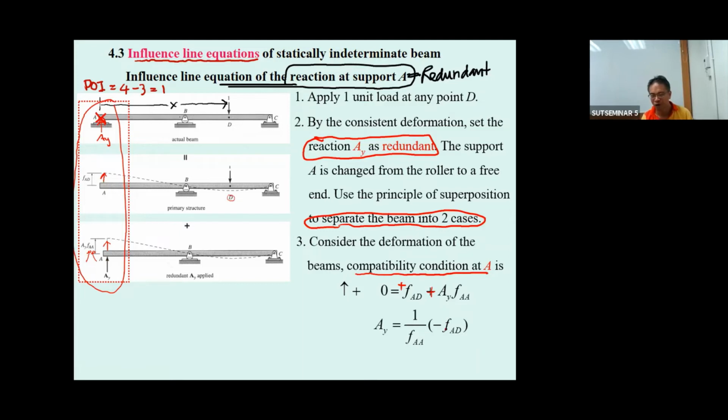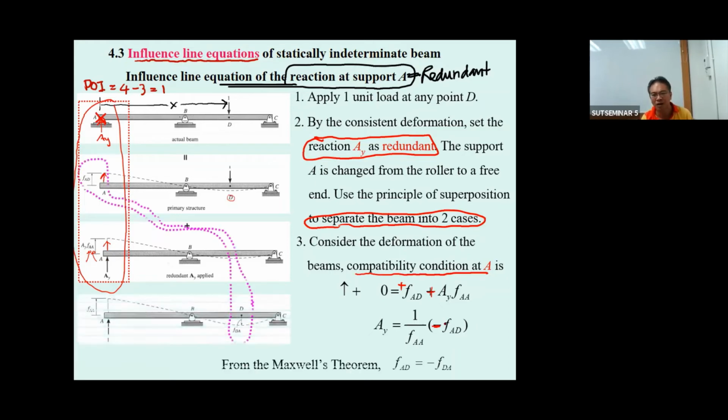And now go back to the Maxwell reciprocal theorem. This is negative, it is no good. Just consider this one. Okay, under the force of A sub y equal to 1, you get the deflection over here as F sub, the deflection at D due to the applied force at A, and it is downward, and it is going to equal F sub AD.